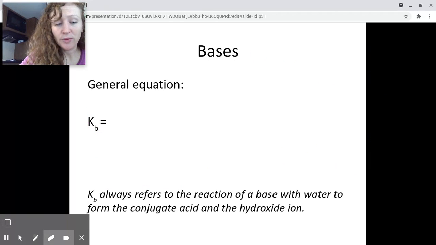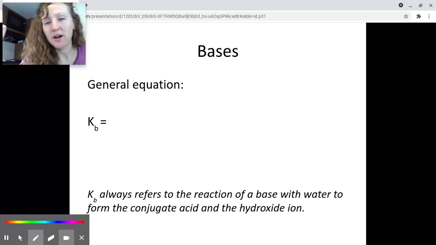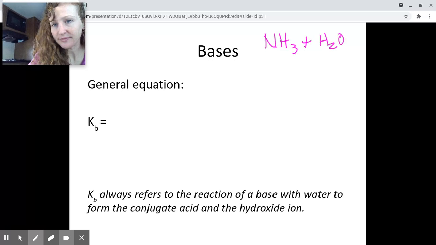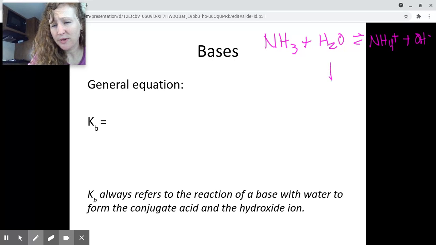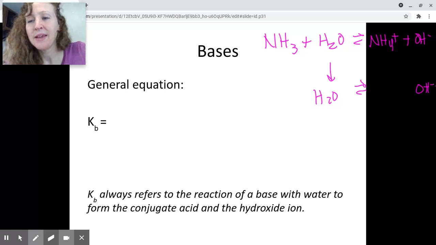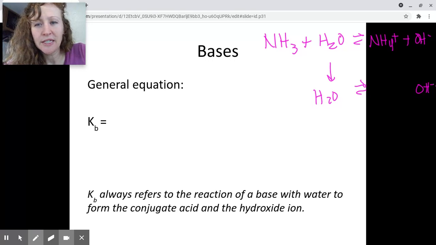Now you can also write a general equation for a weak base. Let's see how this works out. Okay, so this isn't going to be quite as straightforward. Water's going to always be the same. Hydroxide's going to always be the same. But then your molecule is going to be different.